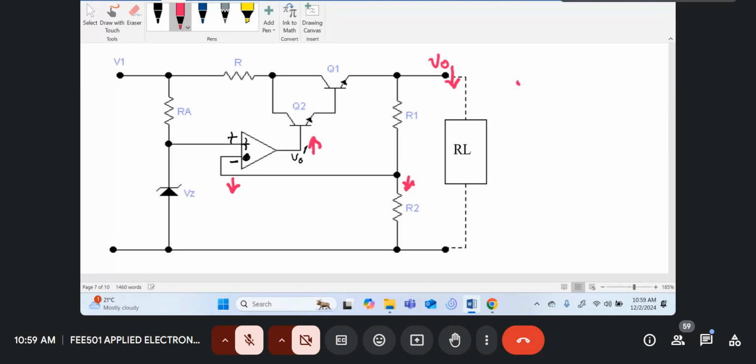So it's inverted and amplified, and therefore the bias voltage that goes to Q1 and Q2 will increase, and therefore the drive current of Q2 will increase, which will increase the drive current of Q1, and this will tend to increase the voltage to compensate for the drop which was initiated by increasing the load.